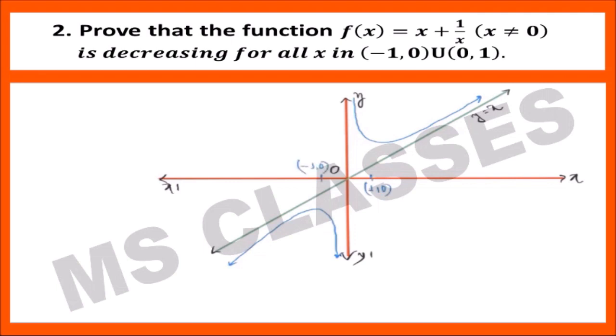You can easily understand that from minus 1 to 0, as the values of x increase, the values of y decrease. And here also, as x increases, y decreases. So obviously it's a decreasing function from minus 1 to 1 excluding 0, because at 0 it's not touching the y-axis. So this is the visual representation of what we have done.